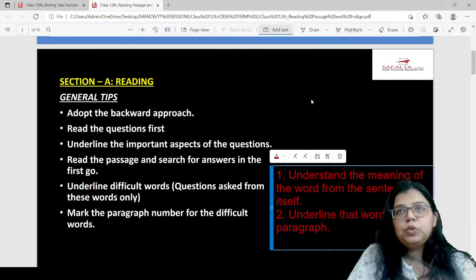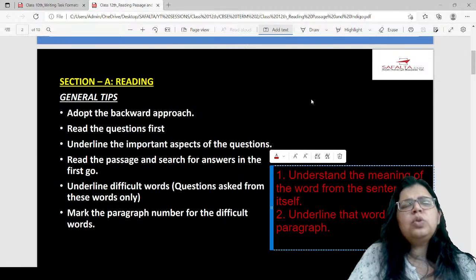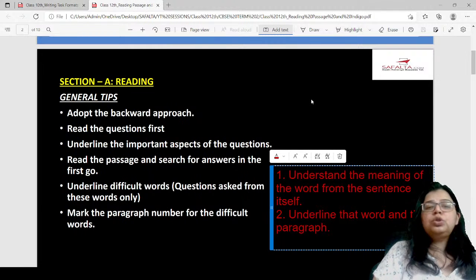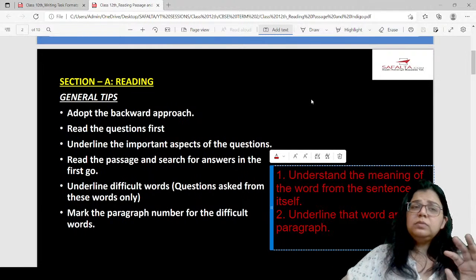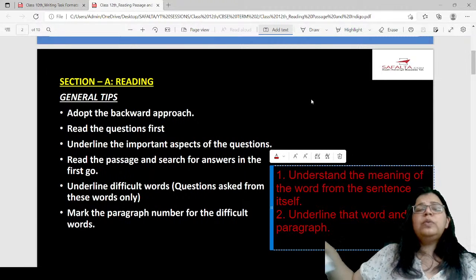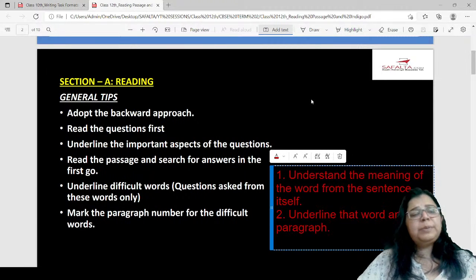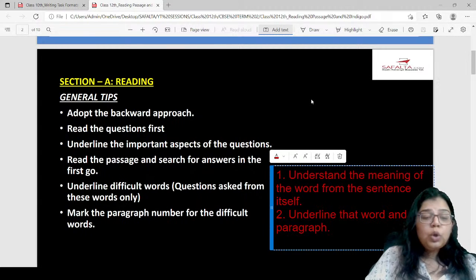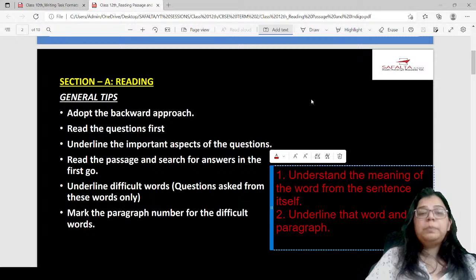And let's say you're not able to score at all in these vocabulary related questions. In that case also, you will have worked out at least 60% to 70% of the marks in the reading passage itself. So you will not face a problem per se.